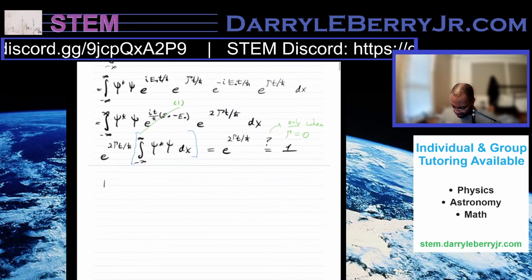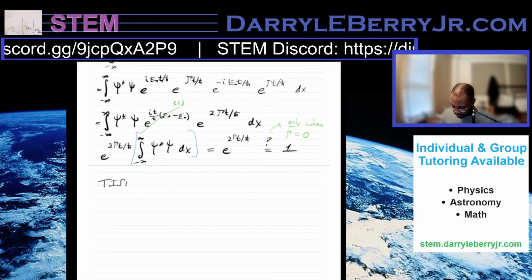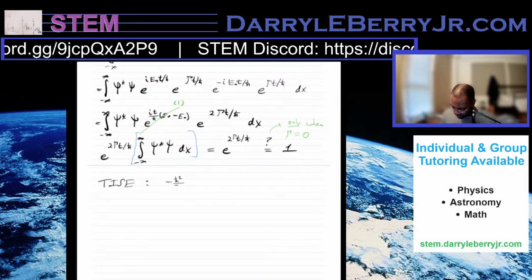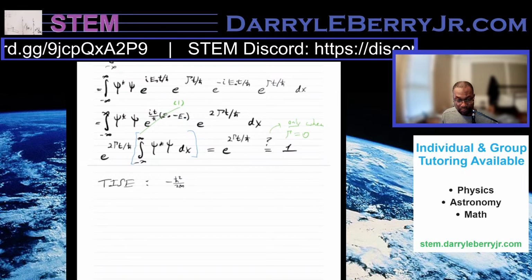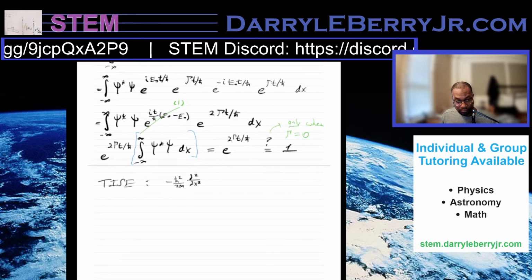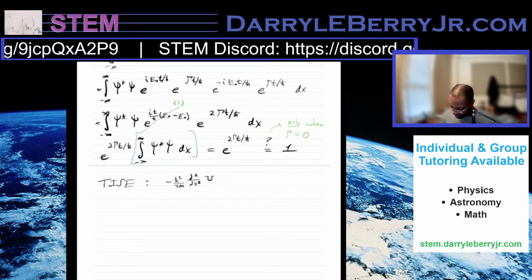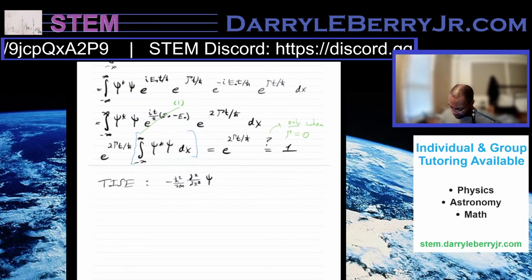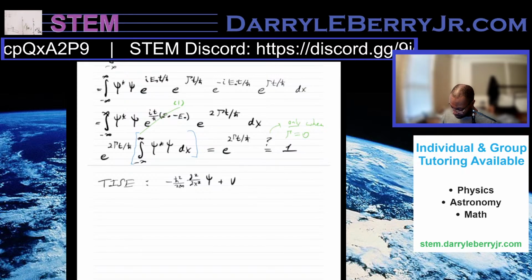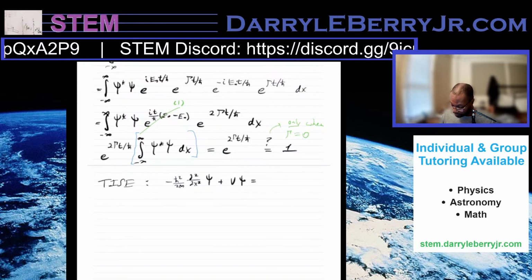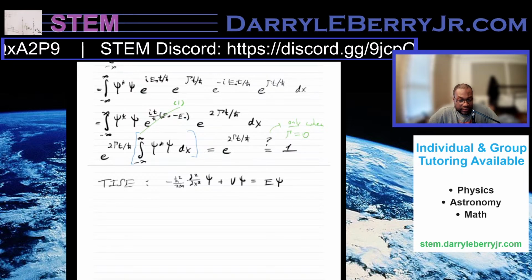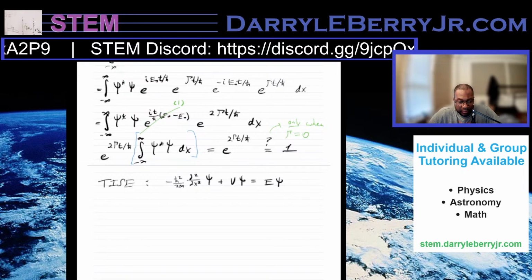I'm going to rewrite the time independent Schrodinger equation again. Distribute the psi. So suppose psi is a solution to the time independent Schrodinger equation.